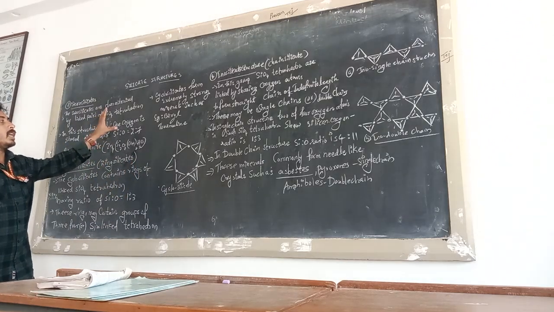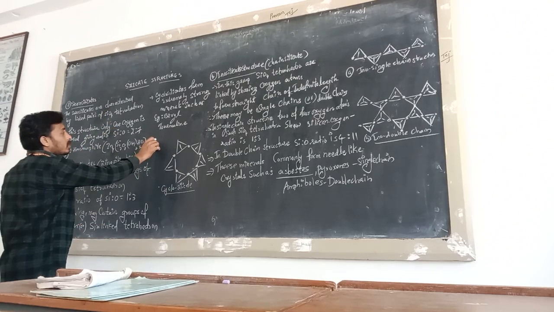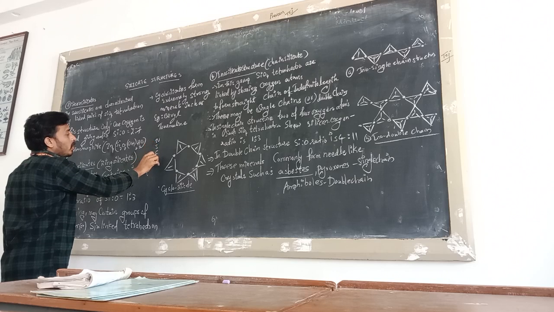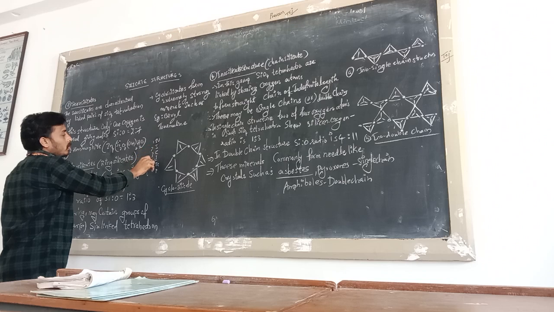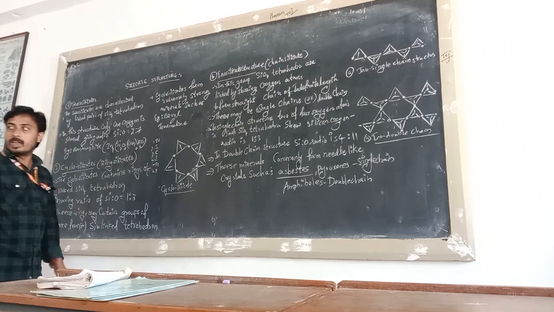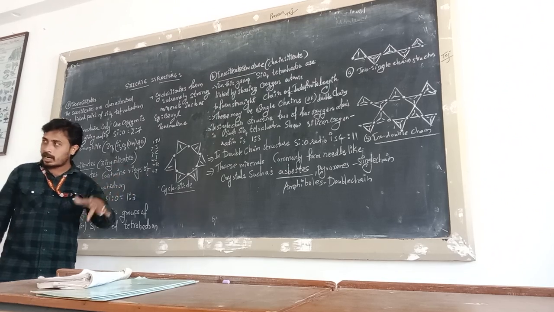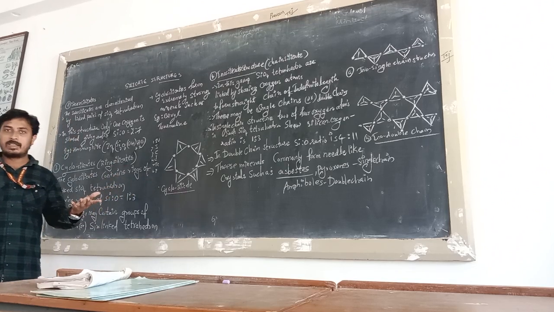So, how many types of silicate structures do we have? Six types: neso, soro, cyclo, ino, phyllo, tecto. Out of that, we discussed nesosilicates and sorosilicates in the last class.